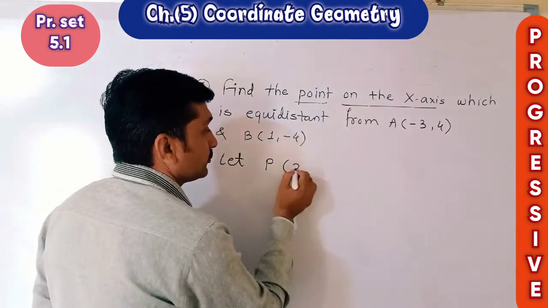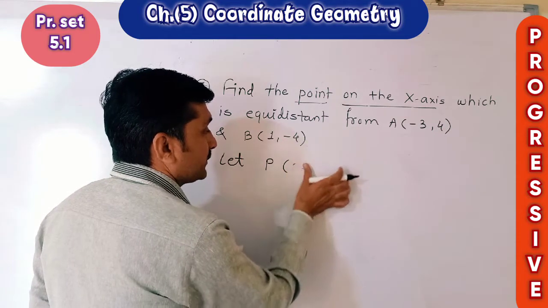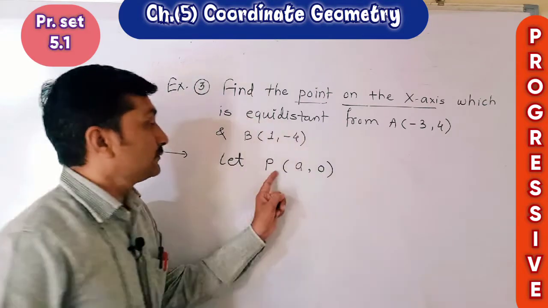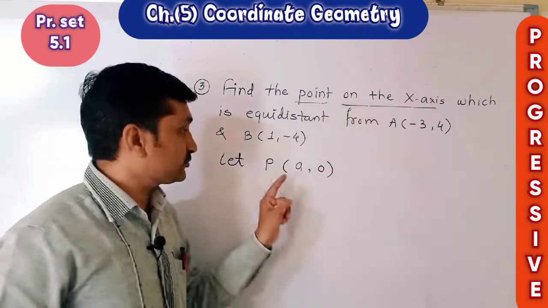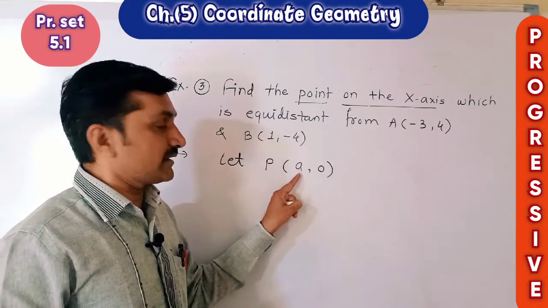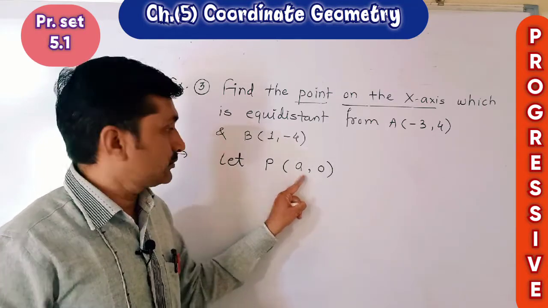Since the point is on x-axis, its y-coordinate will be 0, and I take the x-coordinate as a.